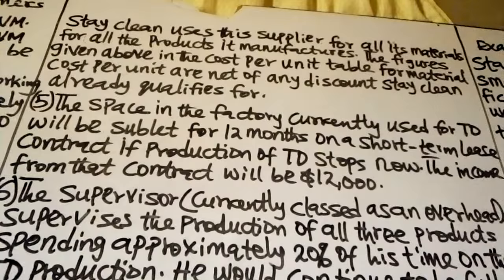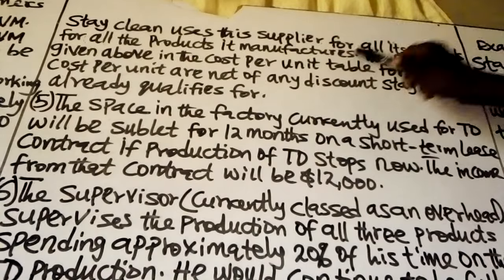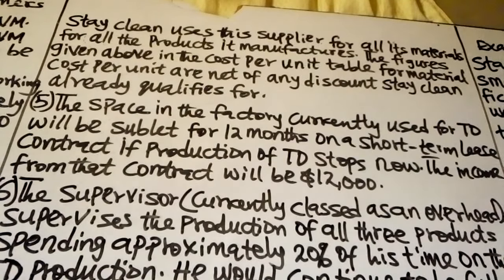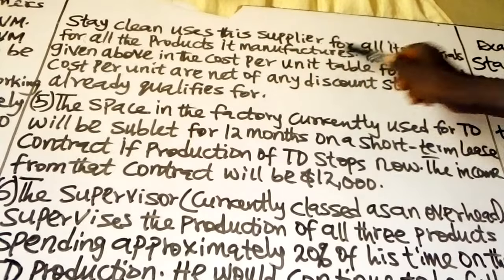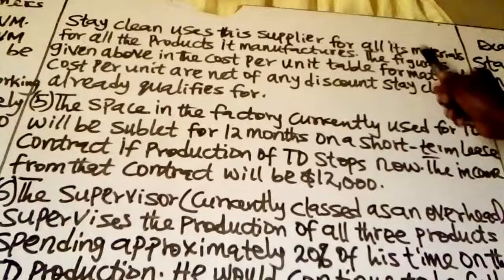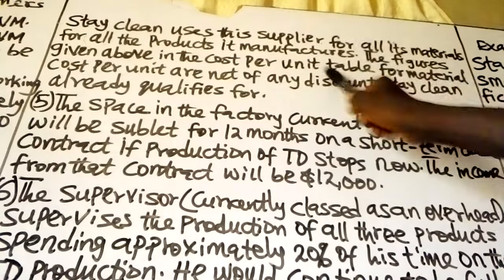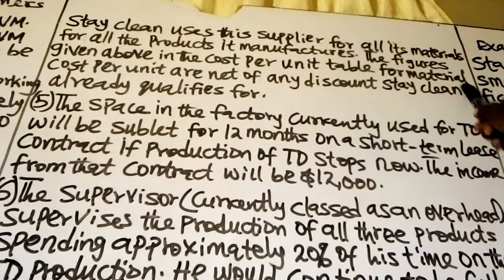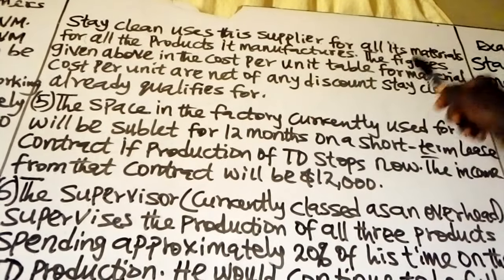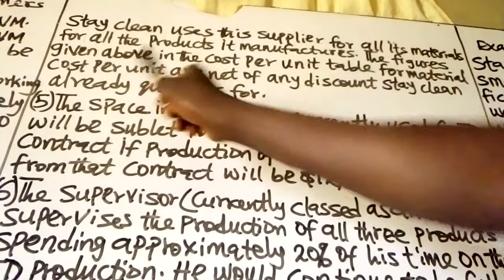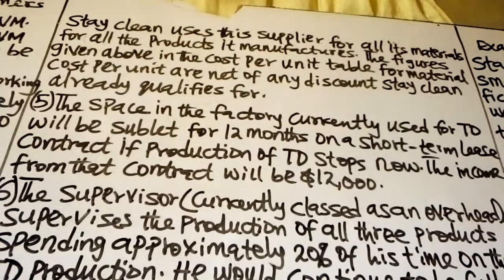Stay Clean uses this supplier for all its materials, for all the products it manufactures. The figures given above in the cost per unit table for material cost per unit are net of any discount Stay Clean already qualifies for. Number 5.